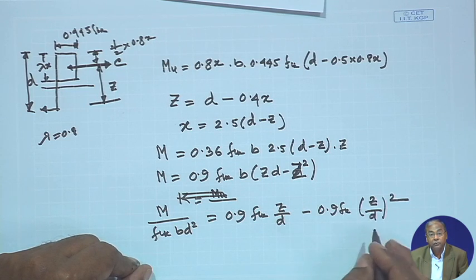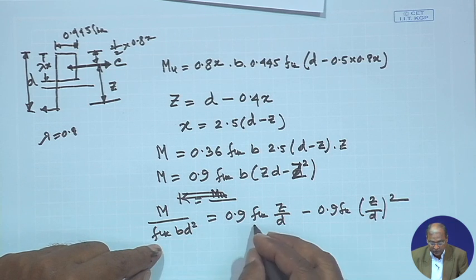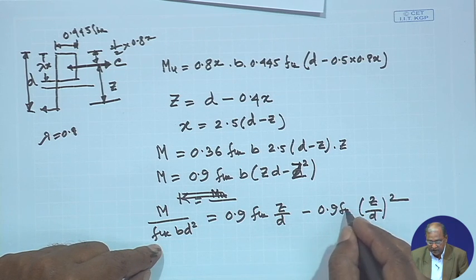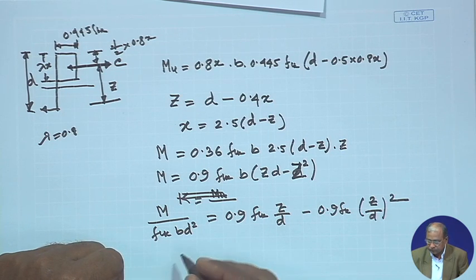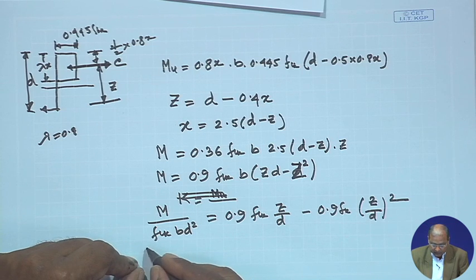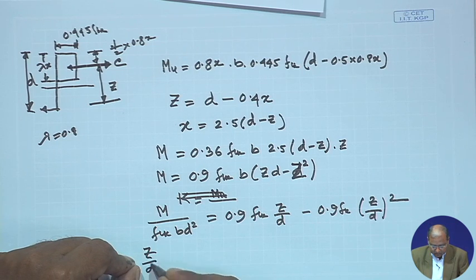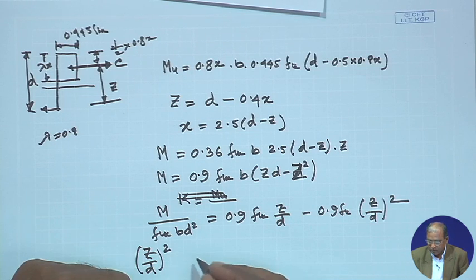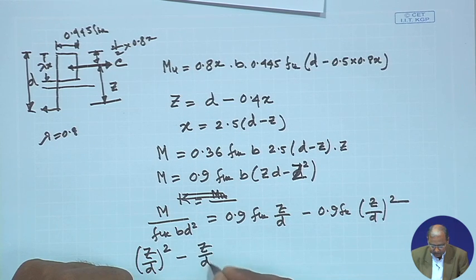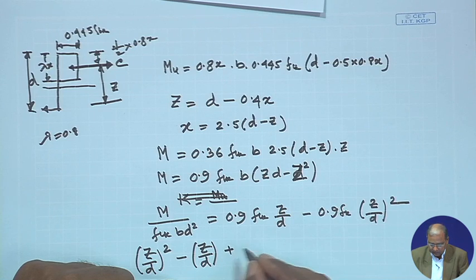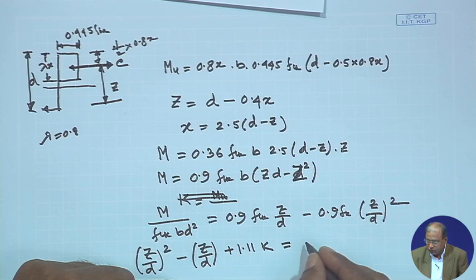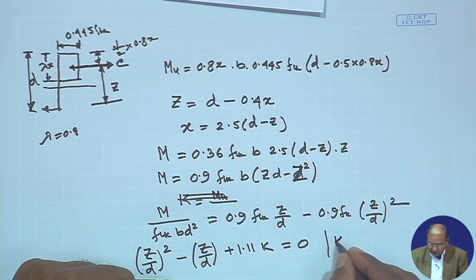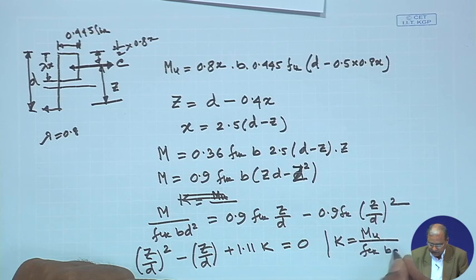We can again find out from this particular one mu by FCK BD square, 0.9 FCK Z by D minus 0.9 FCK, and we can find out this equation again, that we can consider here Z by D whole square minus Z by D plus 1.11 K equal to 0, K equal to mu by FCK BD square.